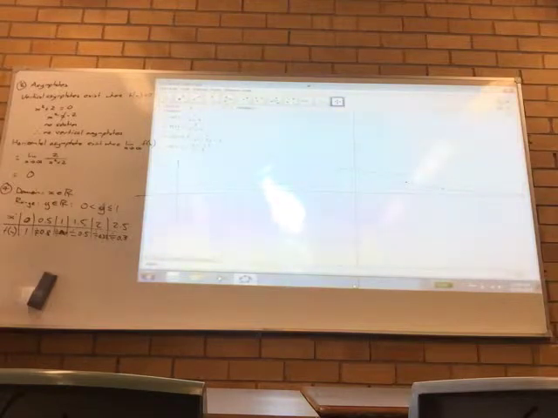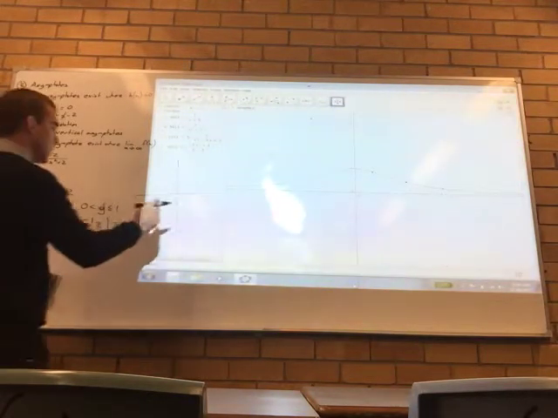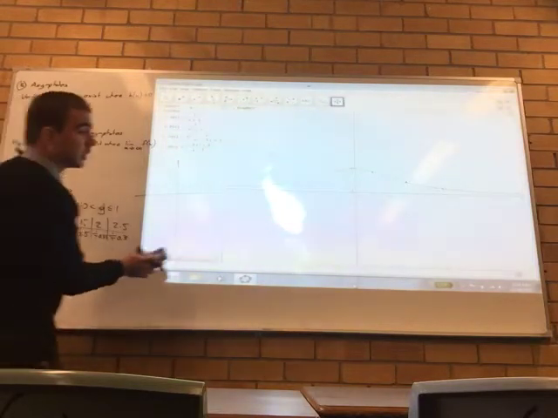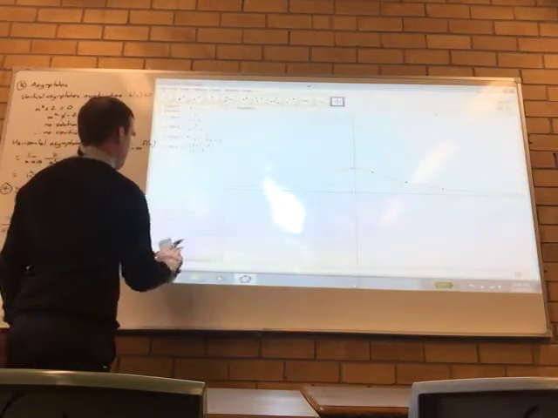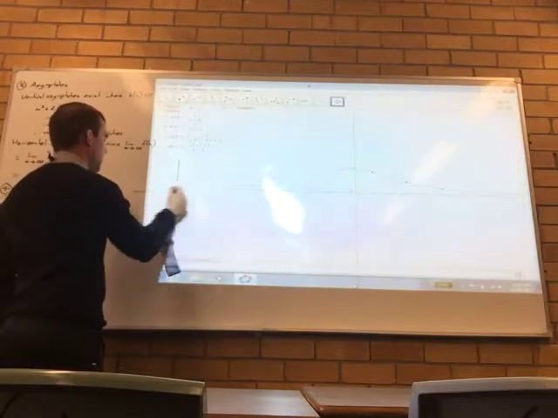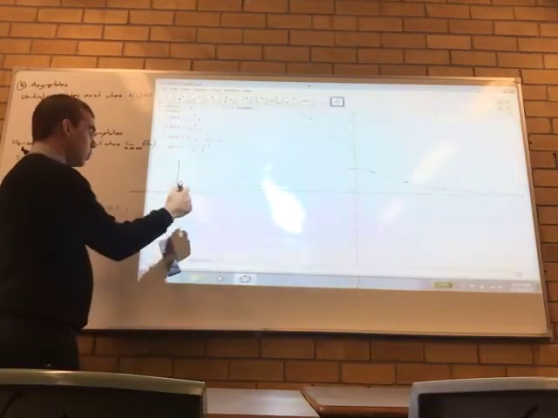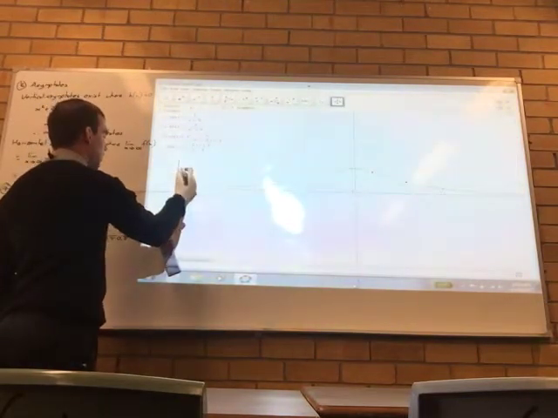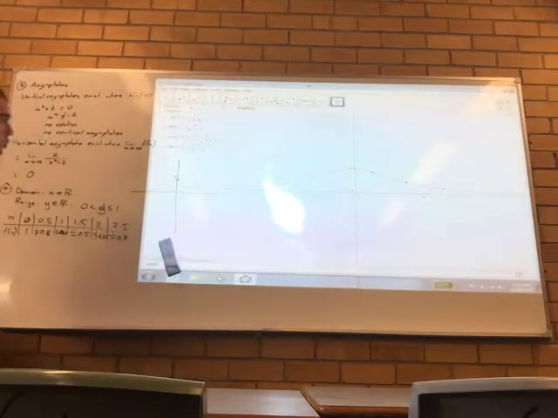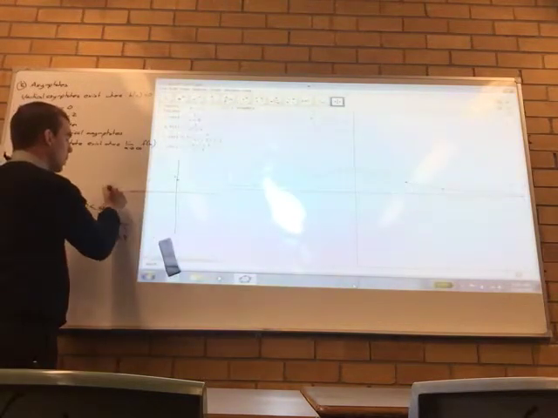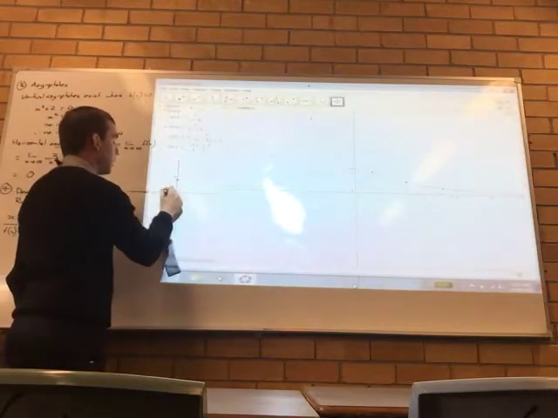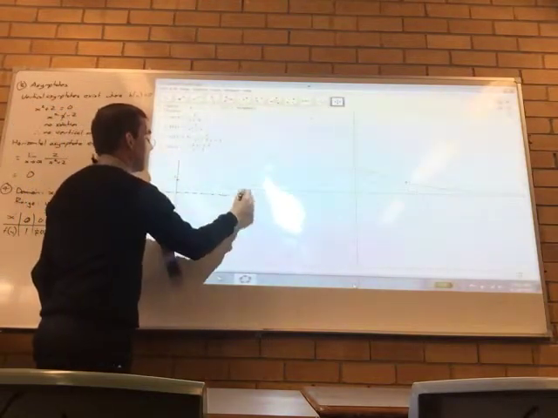I would suggest you do a rough sketch first, and then translate that rough sketch into a much more presentable sketch. The first thing we found were intercepts, so the only intercept I had was y equals 1. I know it's an even function. I know there is no vertical asymptote, but I have the horizontal asymptote on the x-axis.